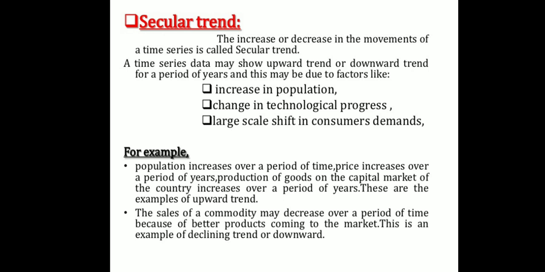Production of goods in the capital market of the country increases over a period of years. These are examples of upward trend. Similarly, the sales of a commodity may decrease over a period of time because of better products coming to the market. This is an example of a declining trend or a downward trend.